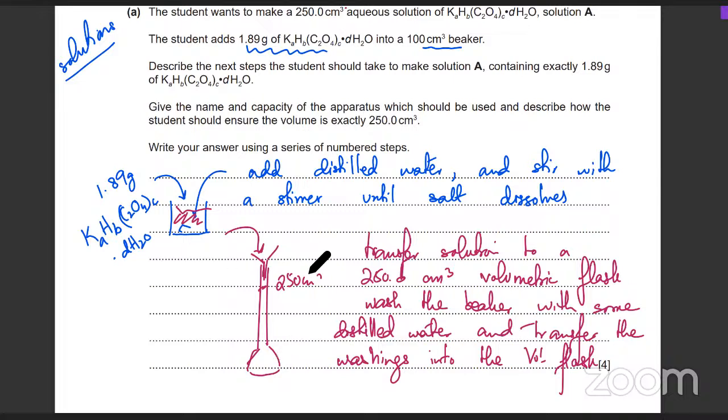Now, the volumetric flask is not full because it still needs some water. That's the last thing.